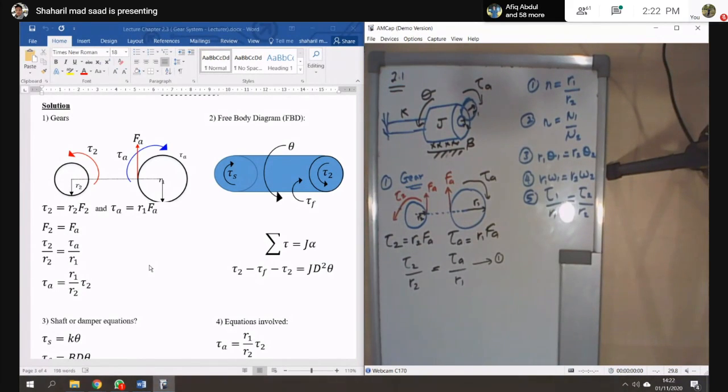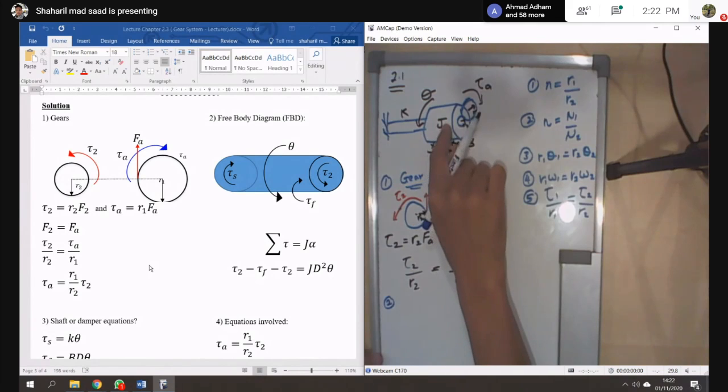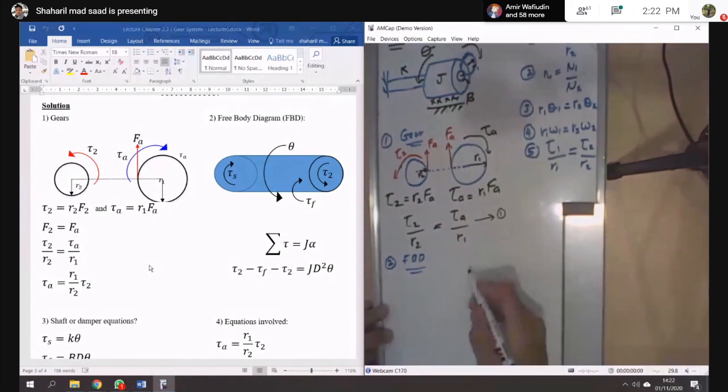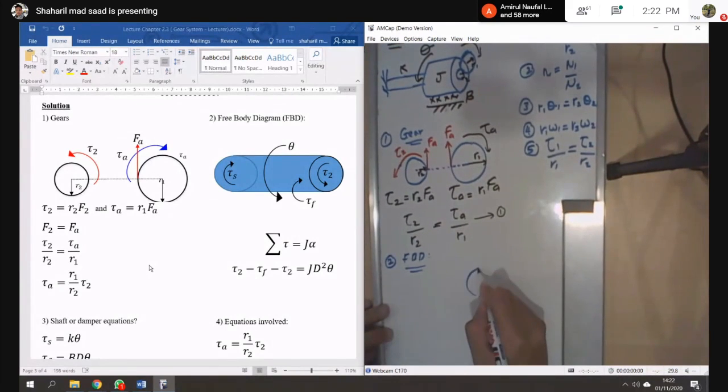Okay, done. Number two, you need to solve the inertia body here, so draw the free body diagram. The inertia body will be like this, and we have J here.